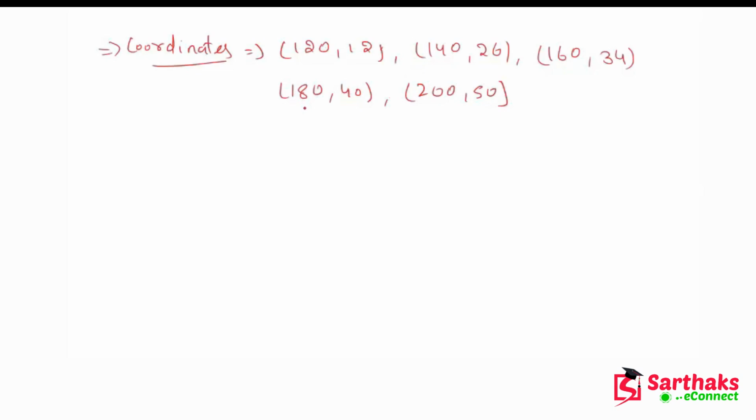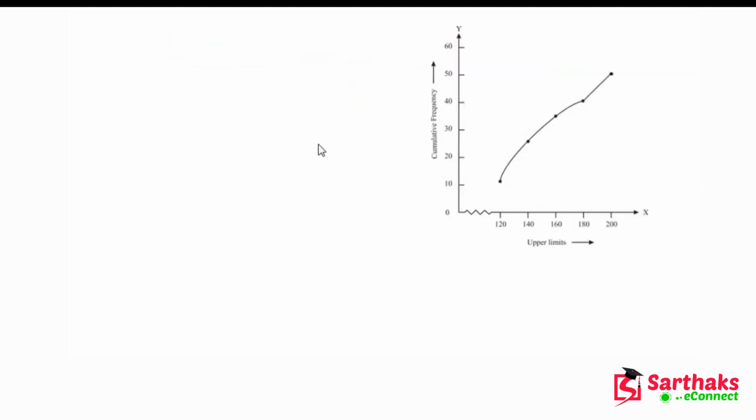So now we have to plot these coordinates on the graph. So we get the graph like this. Okay, my dear friends, I hope you get this point. So this is the graph which we have to draw.